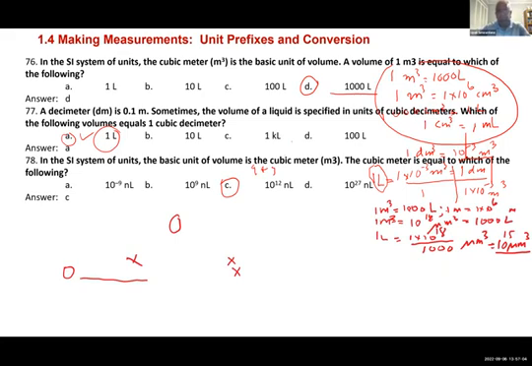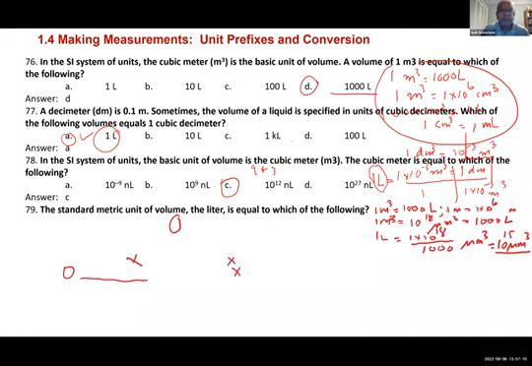When you convert them, you get 12. The standard metric unit of volume is equal to the following. Let's look at the answers. How come it becomes micrometers?